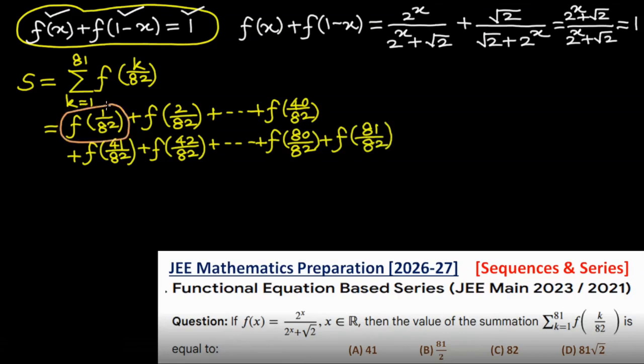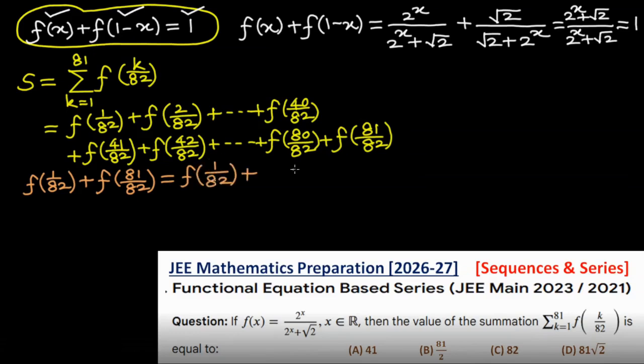If we add this first term and this last term, we get f(1 by 82) plus f(1 minus 1 by 82). That will be, according to this identity, 1.